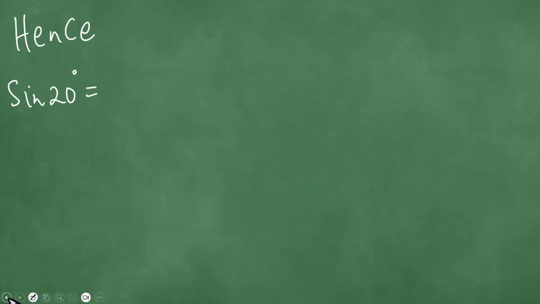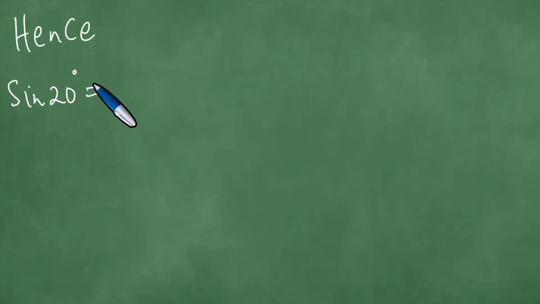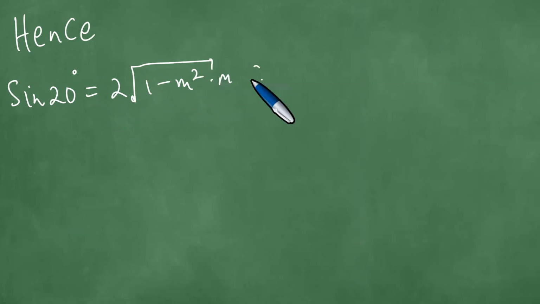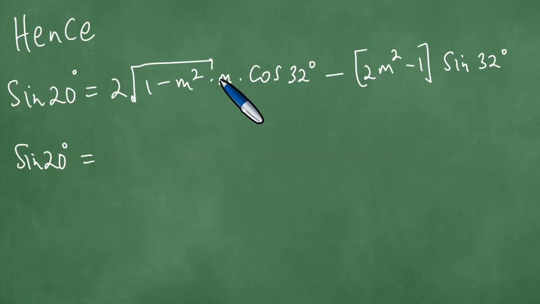We have already seen from this particular part of our working that you have 2 times the square root of 1 minus m squared, times m, times the cosine of 32 degrees, minus, and we have seen that we actually got 2m squared minus 1 times the sine of 32 degrees.